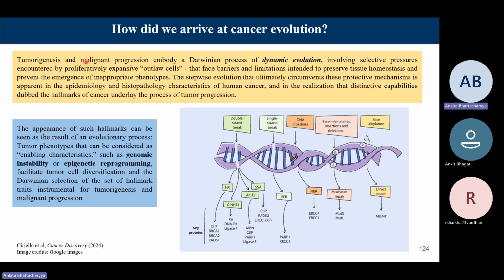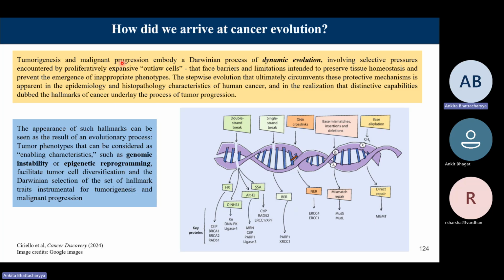Basically, tumorigenesis means the onset of cancer formation, or the beginning of cancer, or the changes which are helping cancer form. And then malignant progression means all of these different substeps, like we just discussed, as cancer becomes more and more aggressive, and it eventually forms a much more lethal tumor.